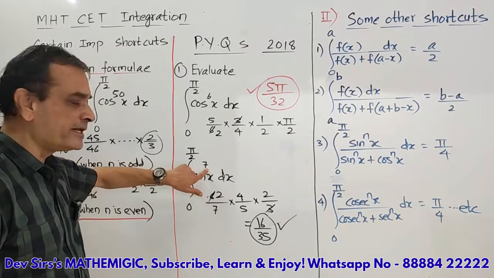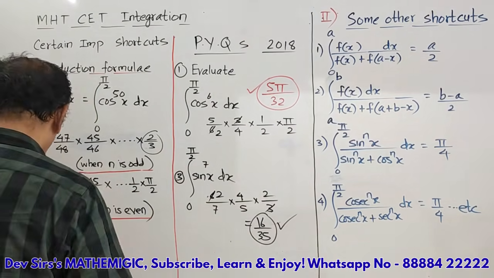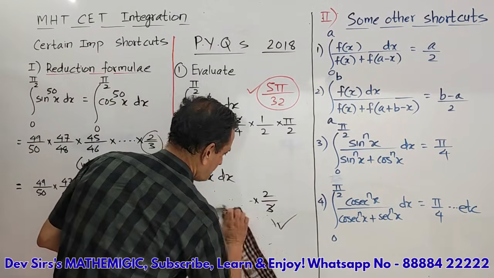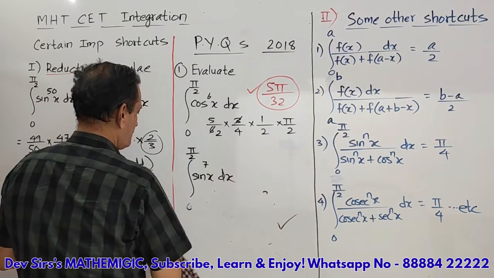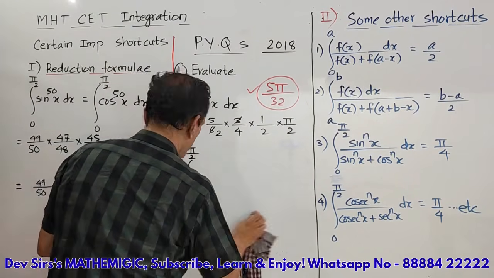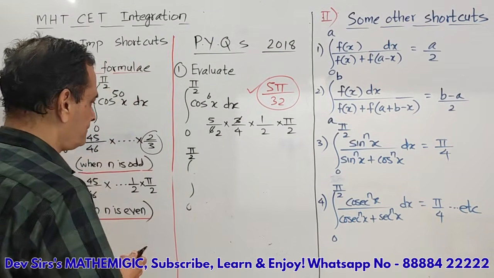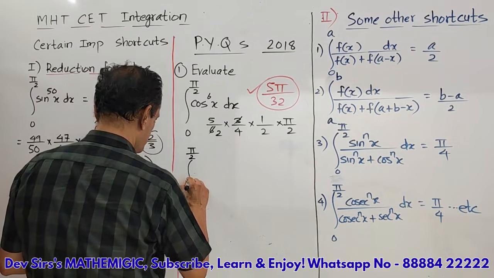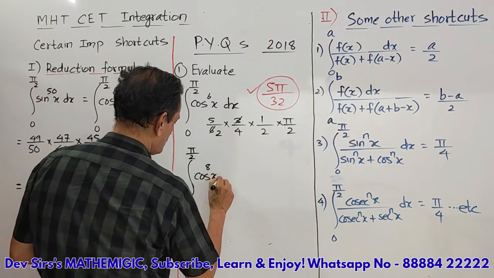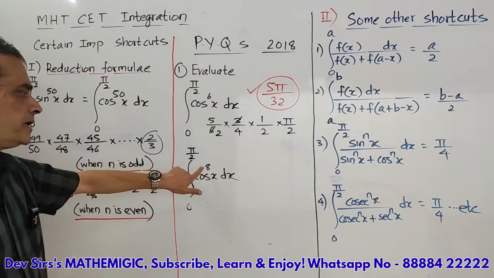Supposing if you get 8 over here. 8 आया तो क्या? Let's see. If you get 8 over there, and let us take cos. Sin नहीं तो cos, कुछ भी चलेगा. Even number है.